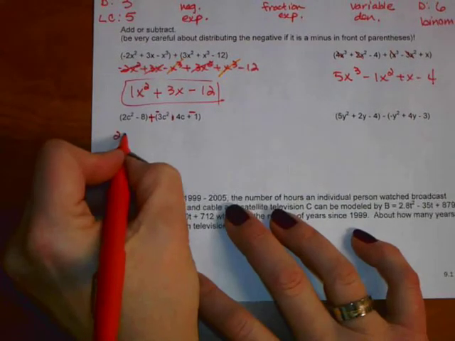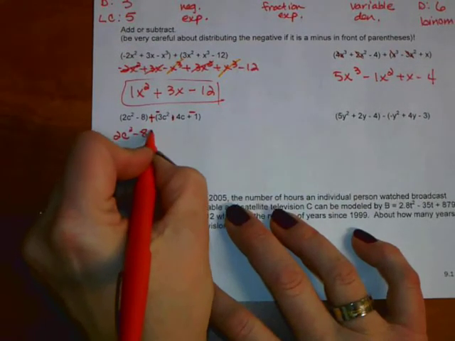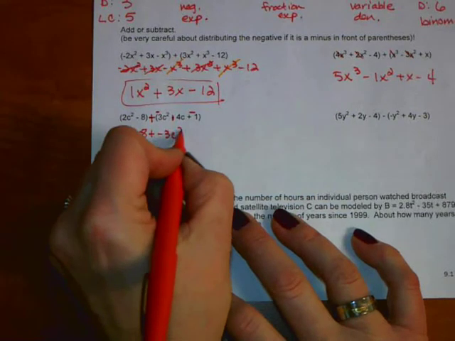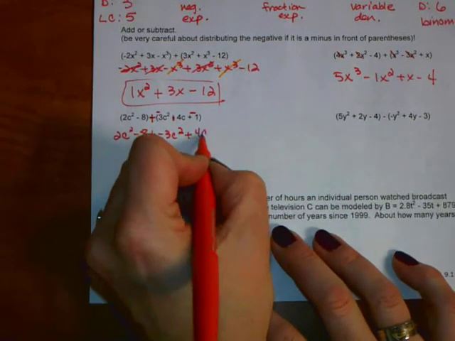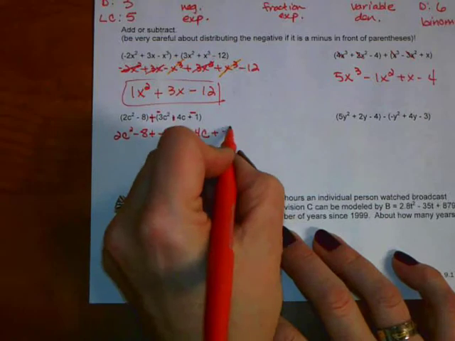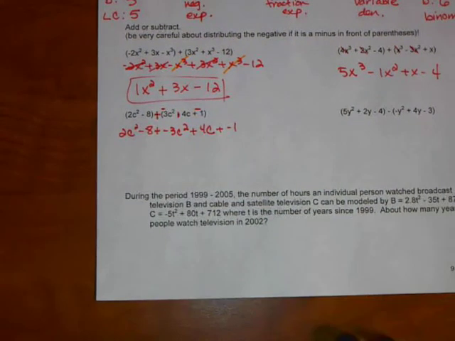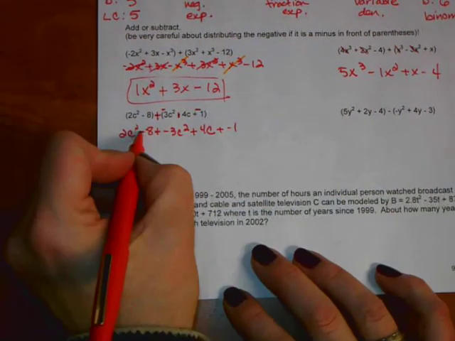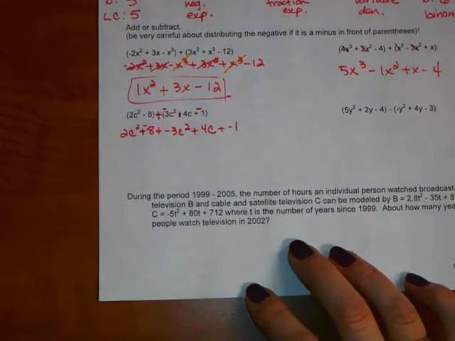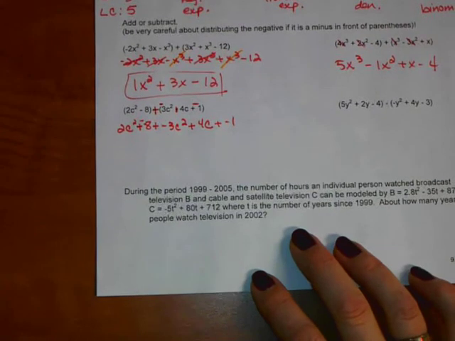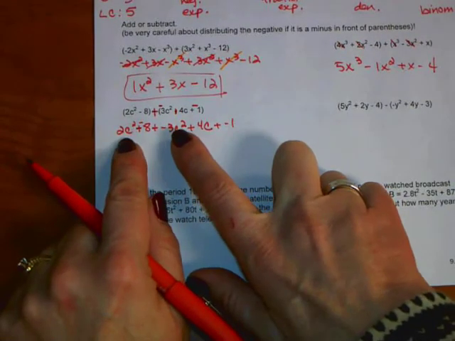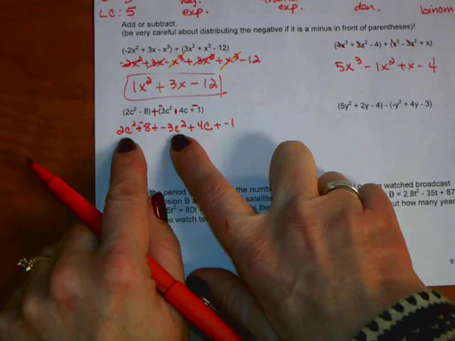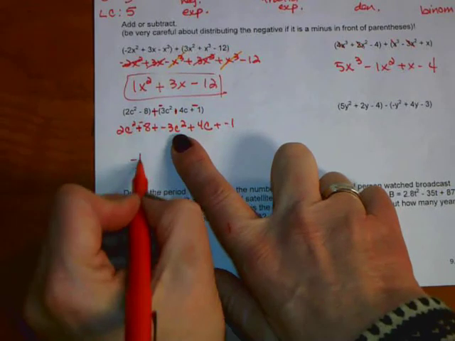And then I'm going to rewrite it so I can see what I have. Then I can combine like terms. You can change that to adding a negative as well if you want. Okay? So I'm going to add the 2c squared and the negative 3c squared. And I have negative 1c squared.